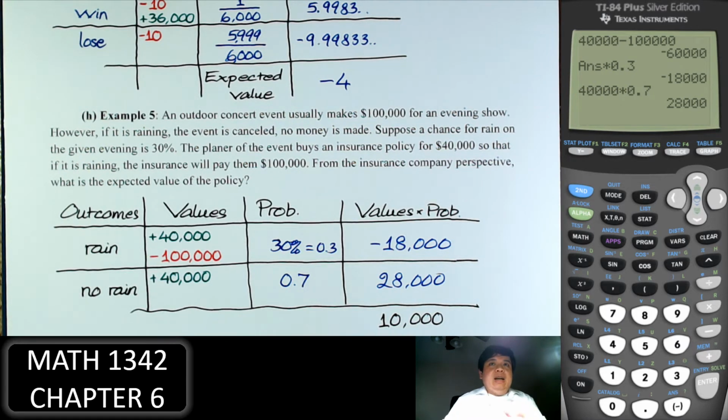But if the events are on different days, the chance of raining is 30% each. So in the long run, they expect to make $10,000 for a policy like this. But like I said, they don't have a lot of policies like this.